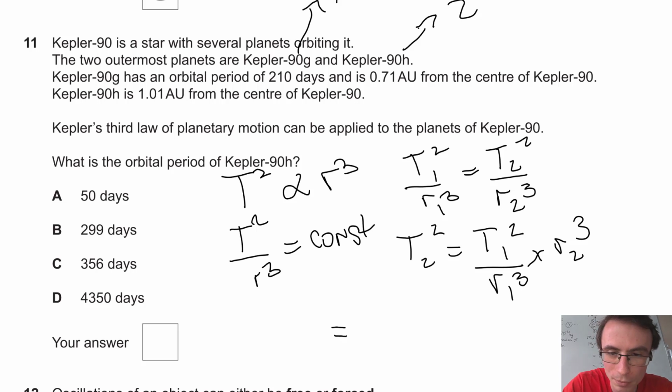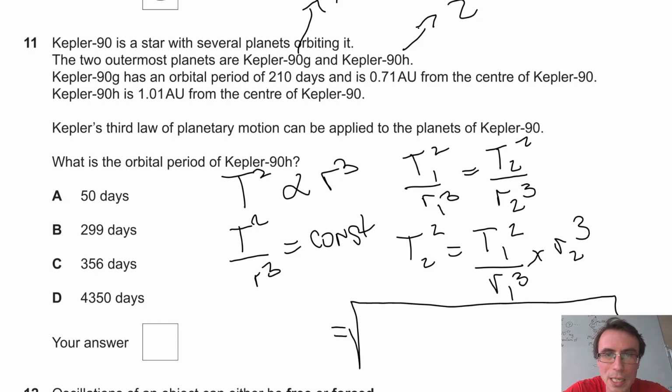So this whole thing will be given by the square root, do not forget to square root this as well, of T1 squared, which is 210 days squared, divided by R1 cubed. 90g was 1, Kepler 90g has an orbital distance of 0.71, so it's divided by 0.71 cubed, and then I'm multiplying that by R2 cubed, which is the orbital distance of 90h.